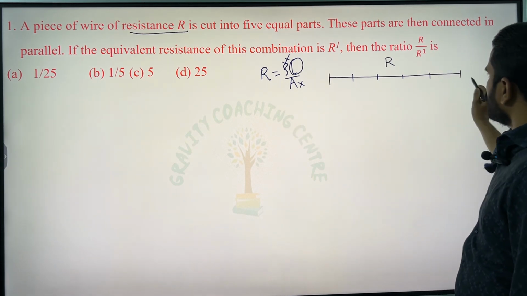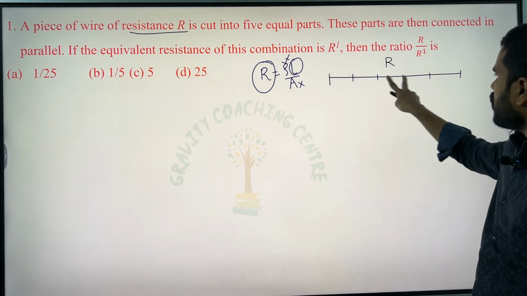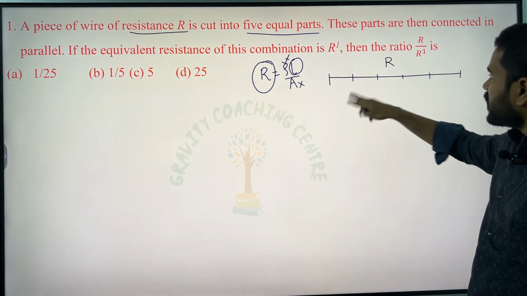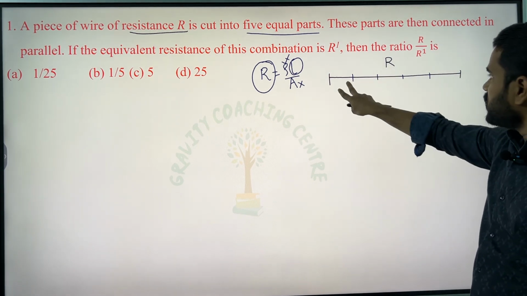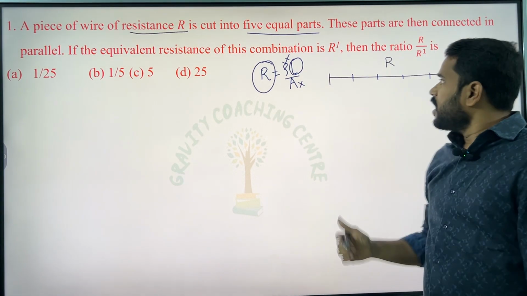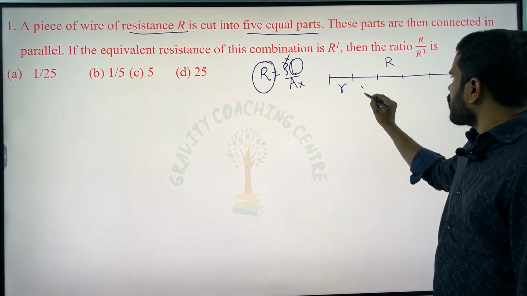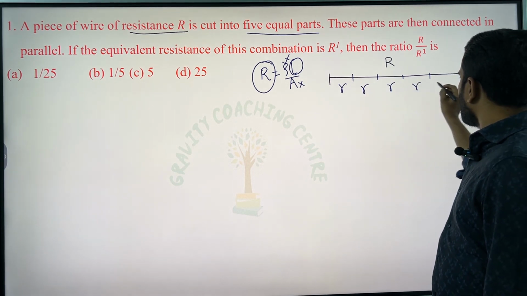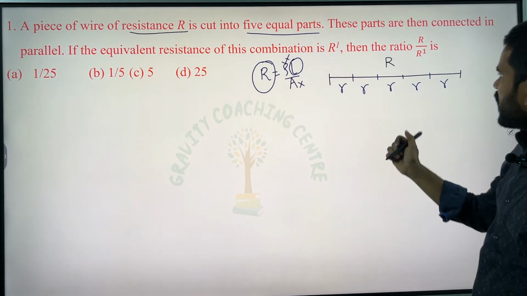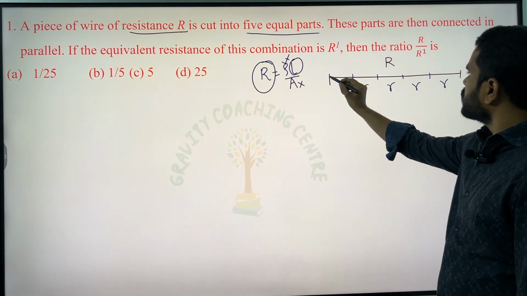Here the length is changing, so the resistance of the new cut pieces gets changed. These 5 equal parts we have cut, right? Since all of them are of equal length, they all will have equal resistance. Suppose that resistance to be small r.